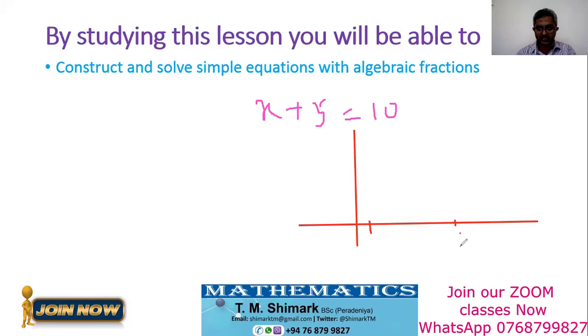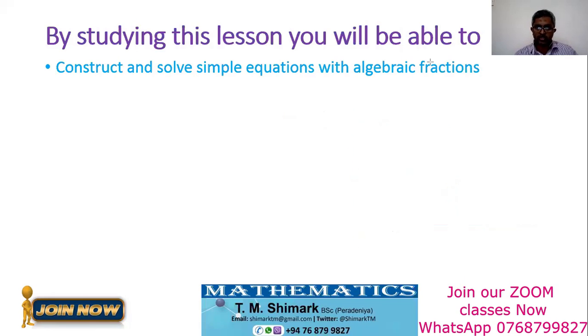This graph will be going like this, a straight line. This is x and this is y. We are not studying graph. Our topic is equations. I was just telling one application of that, which was graph.